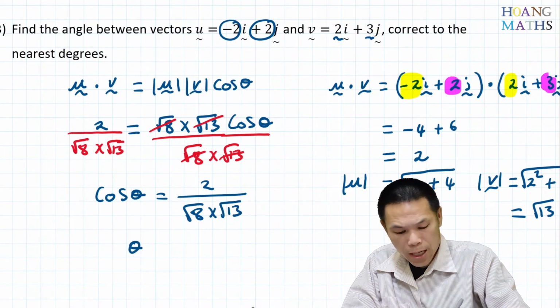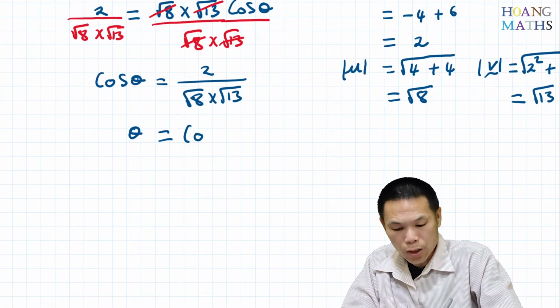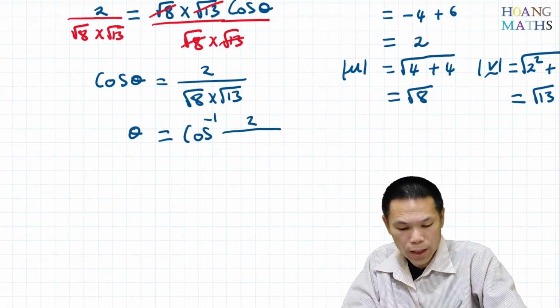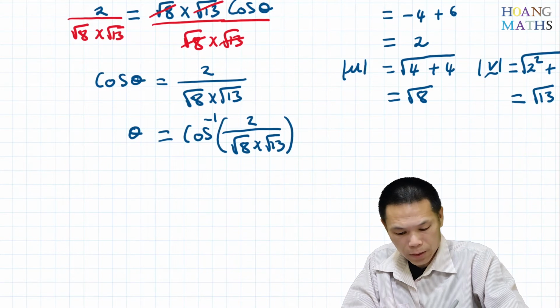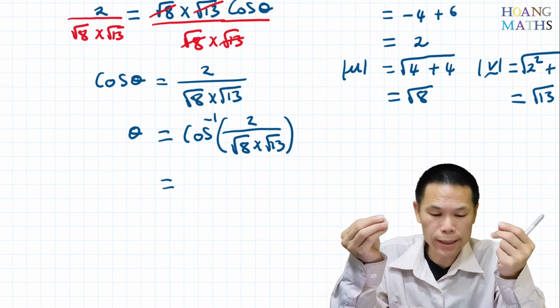So theta is equal to cos inverse of 2 over square root of 8 times square root of 13. Now I just need to use the calculator to work this out.